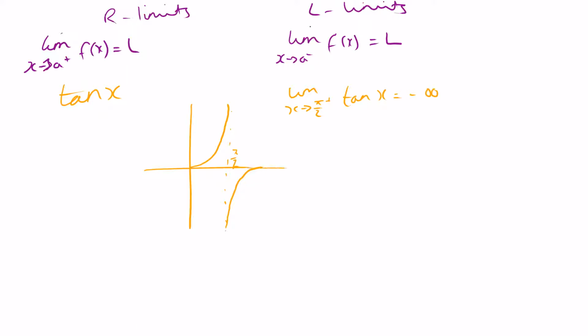So as x is getting closer and closer to pi by 2, y, or f of x, is tending to negative infinity. As we approach from the left hand side, so this way, the limit as x tends to pi by 2 negative of tan x is equal to infinity, because it's getting larger and larger.